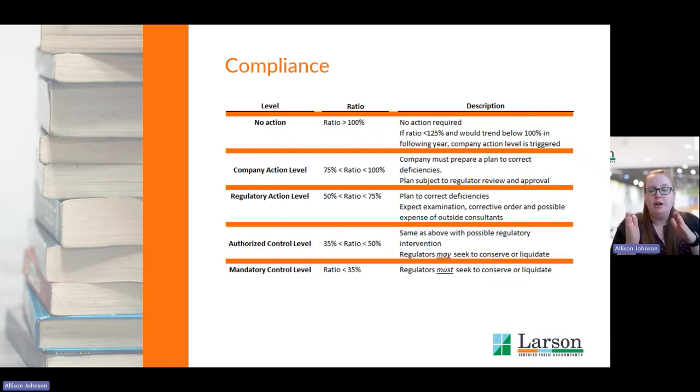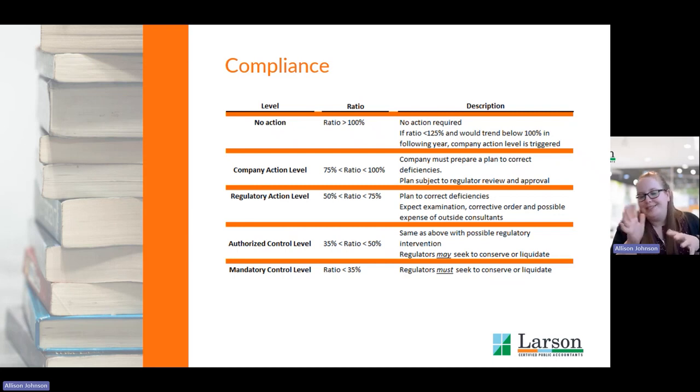The next level is regulatory action level, which is between 50 and 75%. So similar to before, you still need a plan to correct it, but you can also expect that the regulators are going to be more involved with examinations, and they can dictate corrective orders and potentially require the use of consultants to help get things trending the right direction or to figure out how you're going to fix RBC. The next level is authorized control level, and that's between 35 and 50%.